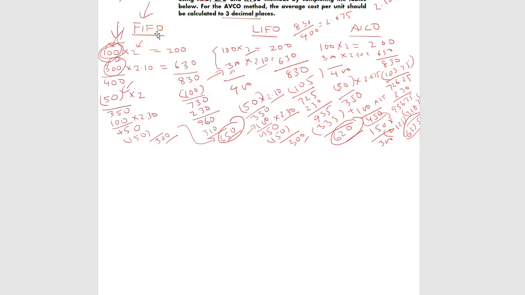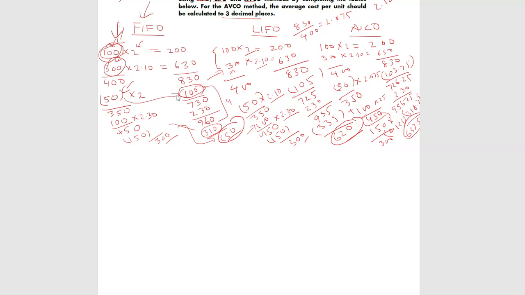First 50 I have issued, that is 100, and another 150 units I have issued, that is 230, so 330, so 330 plus 100, and that gives me a total of 410.